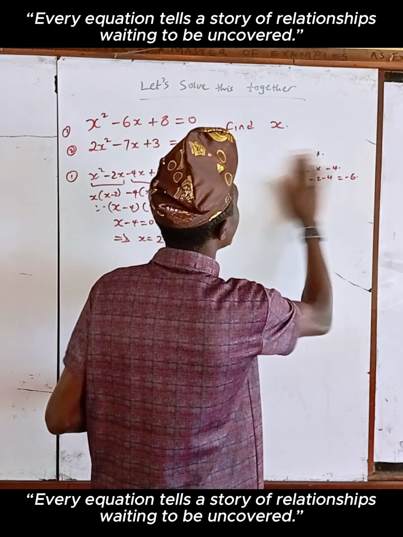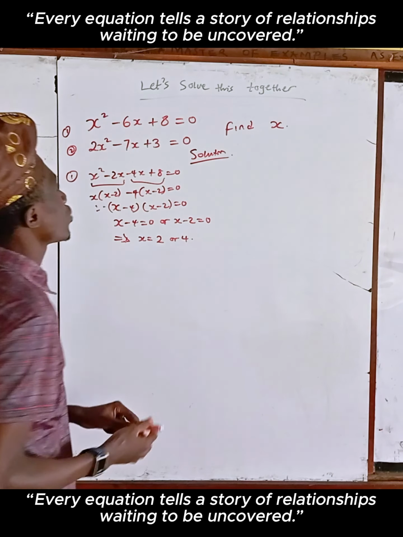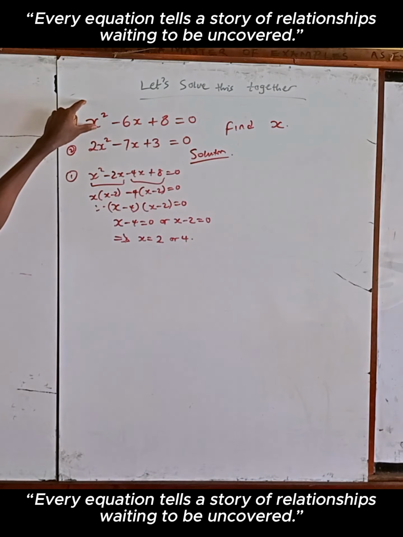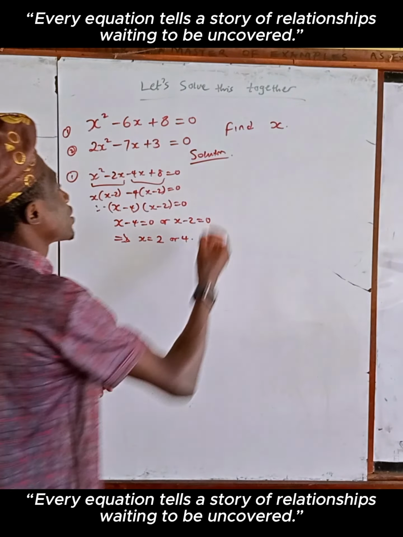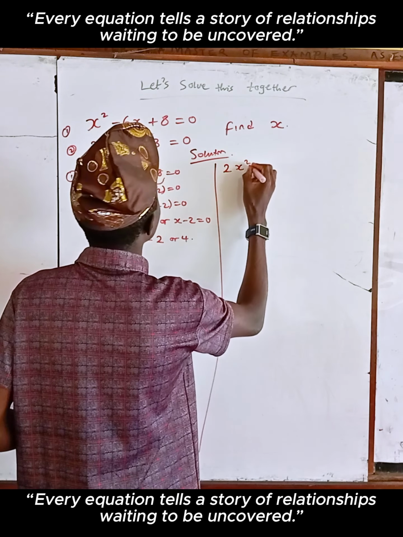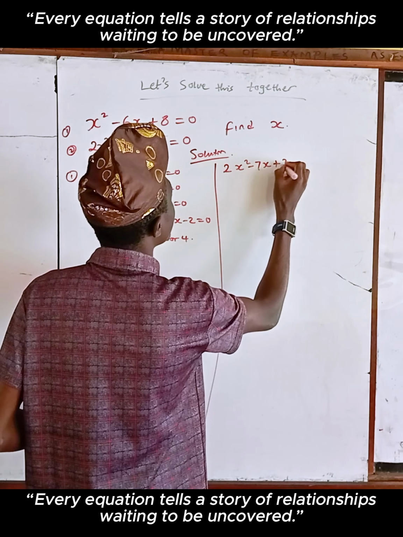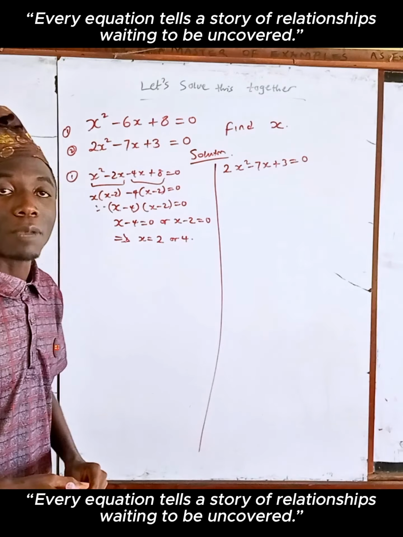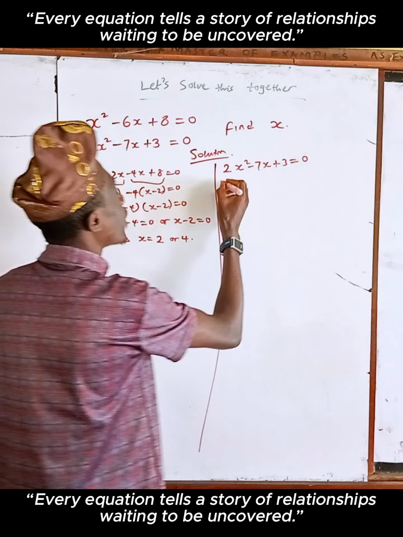I would like to use the Po-Shen Loh method to solve the second question, so that you can just use that method. I'm going to apply it now to solve this question. Alright, let's see. We have 2x squared minus 7x then plus 3 is equal to 0. The Po-Shen Loh method made us understand that if you want to solve this type of question, you first divide throughout by 2.